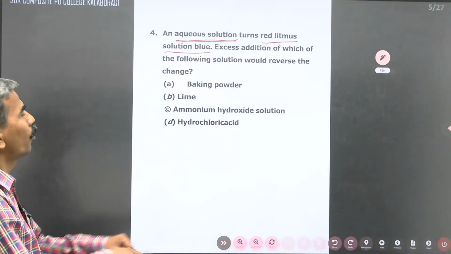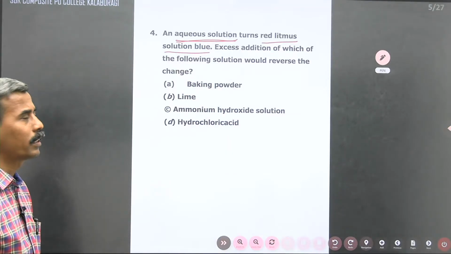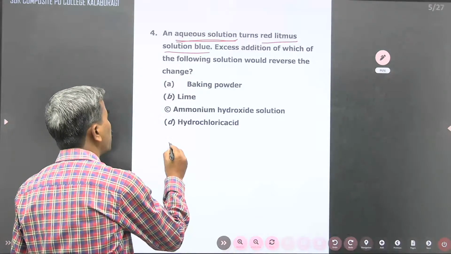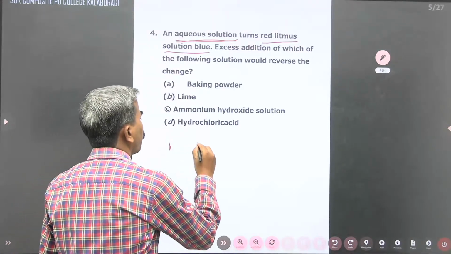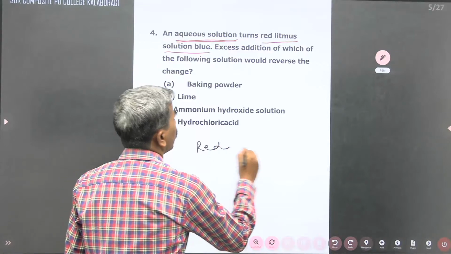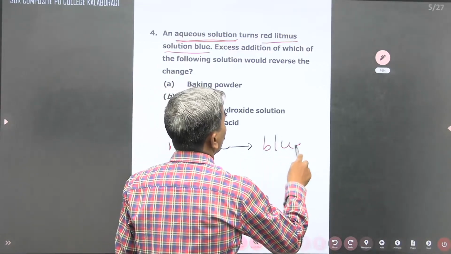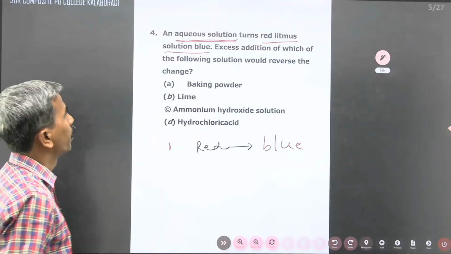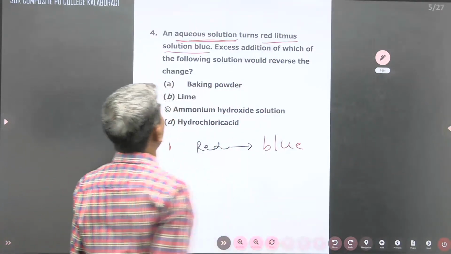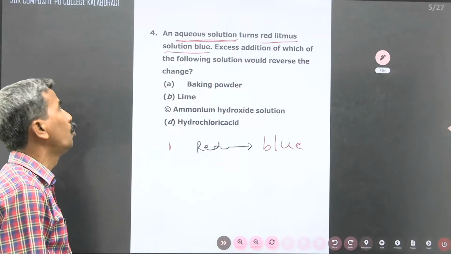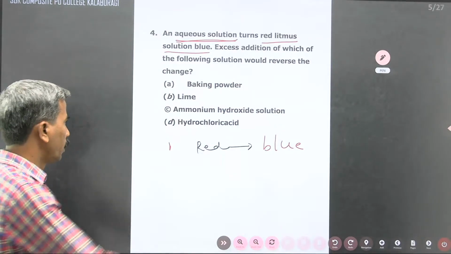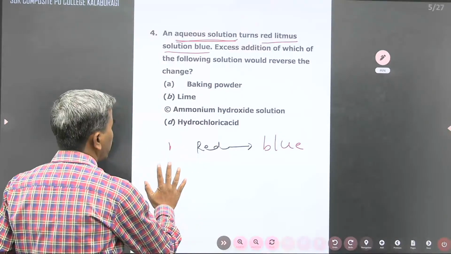They have given an aqueous solution which turns red litmus paper into blue color. Next, excess addition of which of the following solutions would reverse the change?